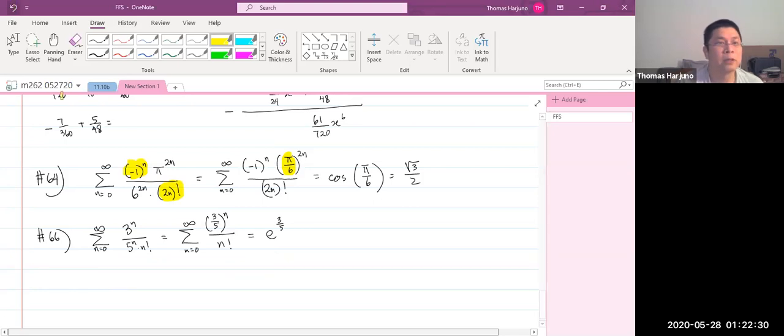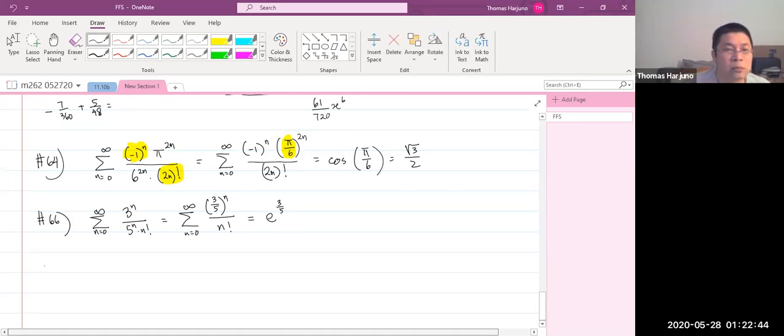Okay, number 68, or is number 68 interesting? I don't think so. Is it? Number 68, we have this 1 minus ln2 plus ln2 squared over 2 factorial minus ln2 cubed over 3 factorial.